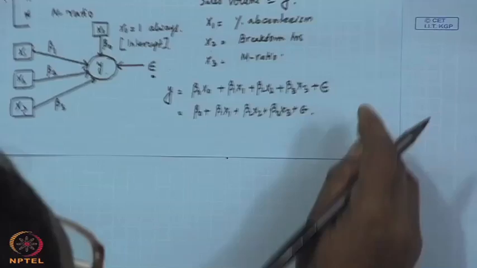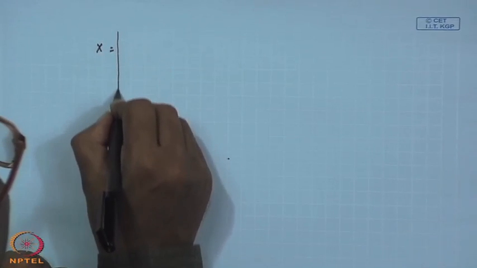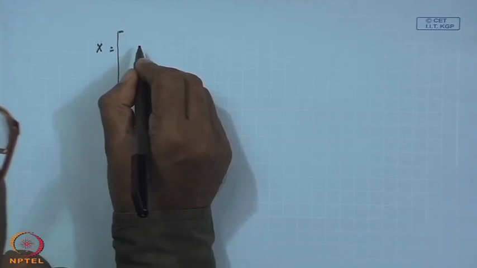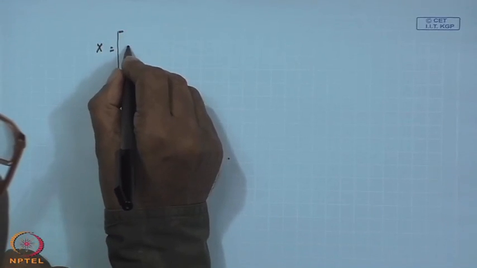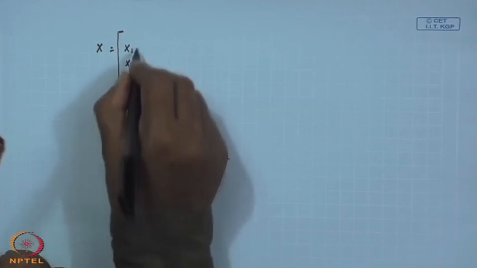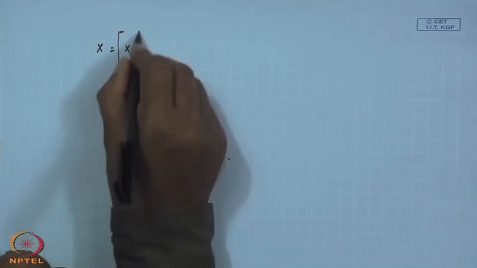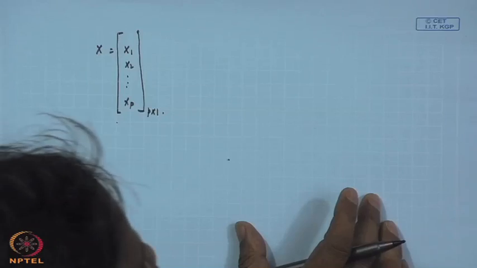Now, if we generalize this, we are not interested only in 3 variables, we will go for a variable vector having p variables, let it be x 1, x 2 dot dot dot x p. So, there are p variables which are contributing towards y.